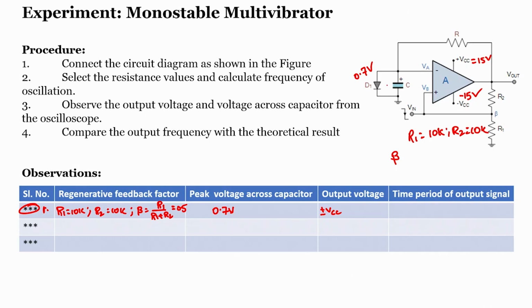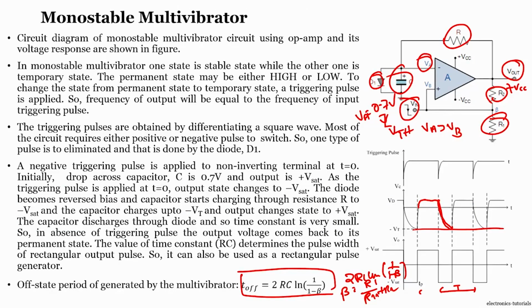And what about the time period of the signal? So how do we derive this particular value? Similar to our previous astable multivibrator explanation, we can consider the value 0.7 till this value and calculate the discharge time, and we can easily understand the time taken for this to discharge. In the previous case we considered from higher threshold to lower threshold.